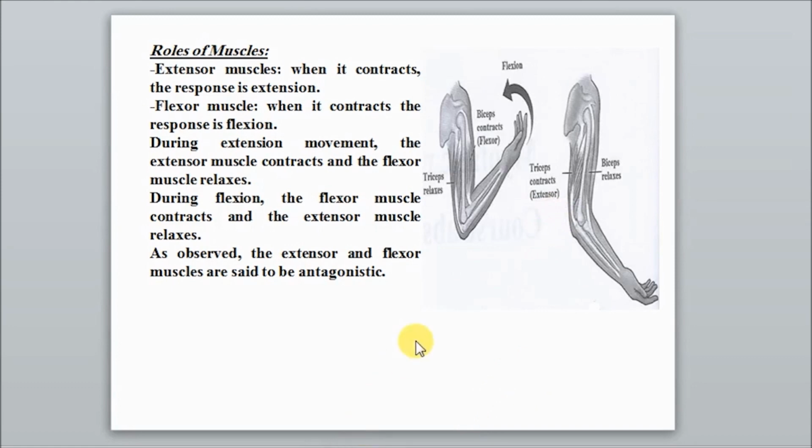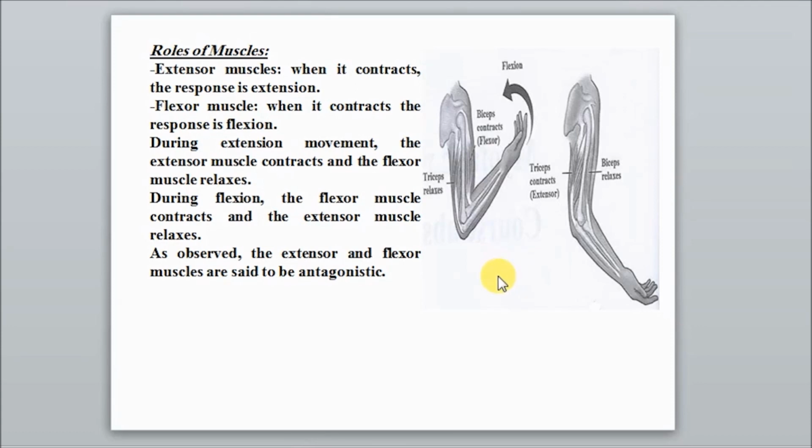In the first figure, the flexion movement, the tricep, which is the extensor muscle, had relaxed, while the bicep, which is the flexor muscle, had contracted. So, the actions of the extensor and the flexor muscles in each movement are opposite.